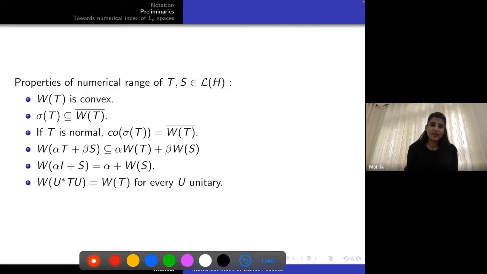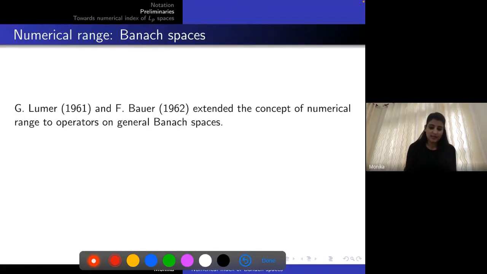So the next very general thing is we want to extend the notion of numerical range to general Banach spaces. It was done by Lumer and Bauer in 1961 and 62. They introduced the concept of numerical range to general Banach spaces.